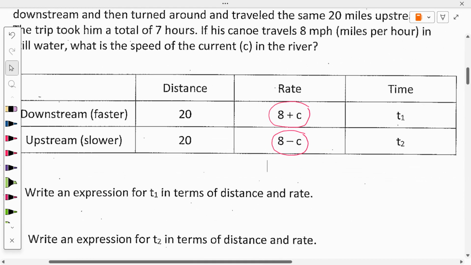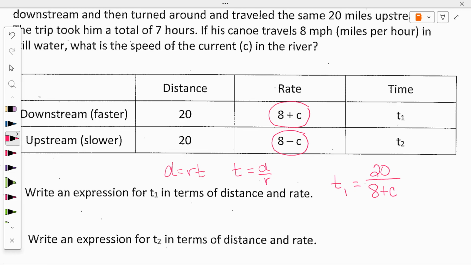Okay, so we have to identify what T1 is. Well, remember that if D equals R times T, then T is the distance divided by the rate. So T sub 1 equals the distance, which is 20, divided by the rate, 8 plus C. Does that make sense?